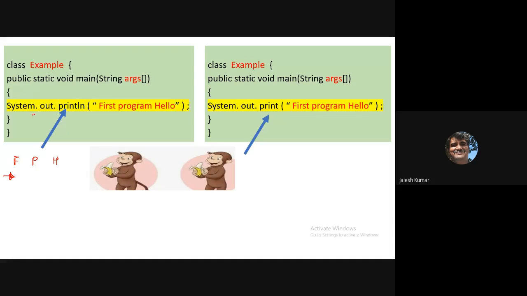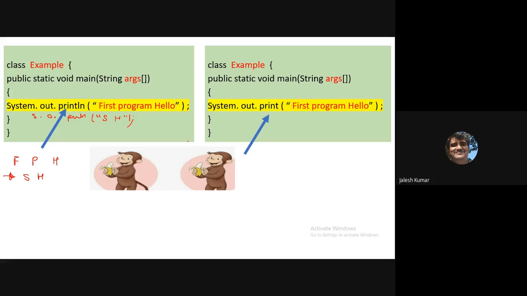If you then print second program hello, S P H, it will appear on the next line, because after printing F P H, first program hello, the cursor moved to the next line.